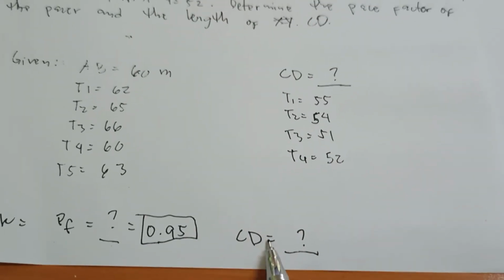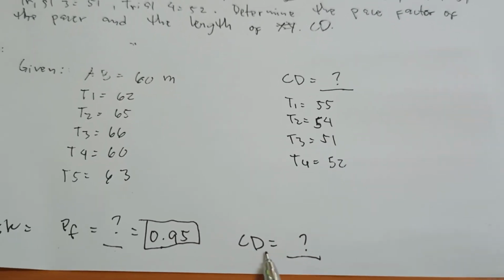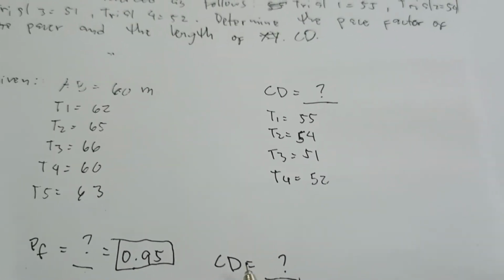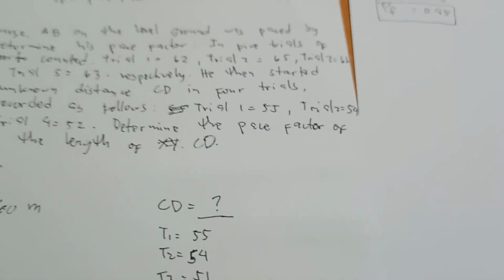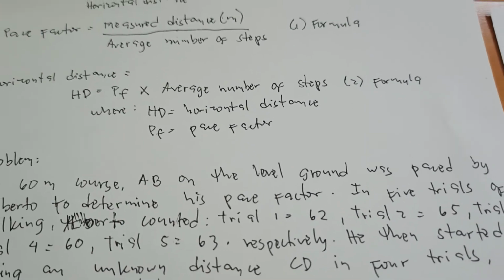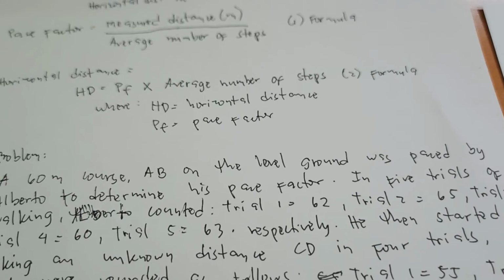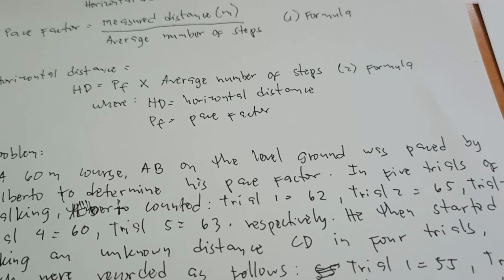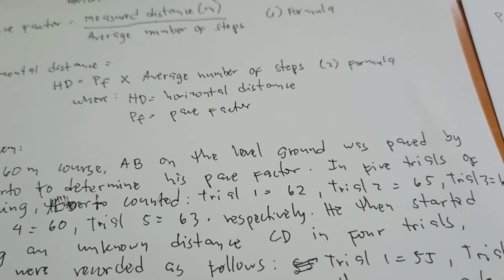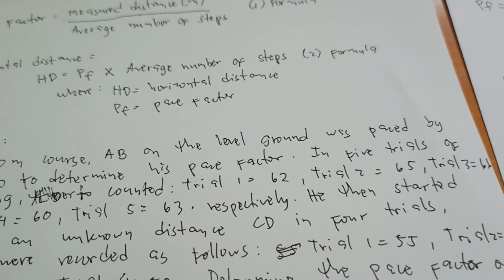Next, we will get the measured distance from C to D. What is the horizontal distance of this unknown distance C to D? So go back to your formula for horizontal distance. HD is equal to PF times the average number of steps.